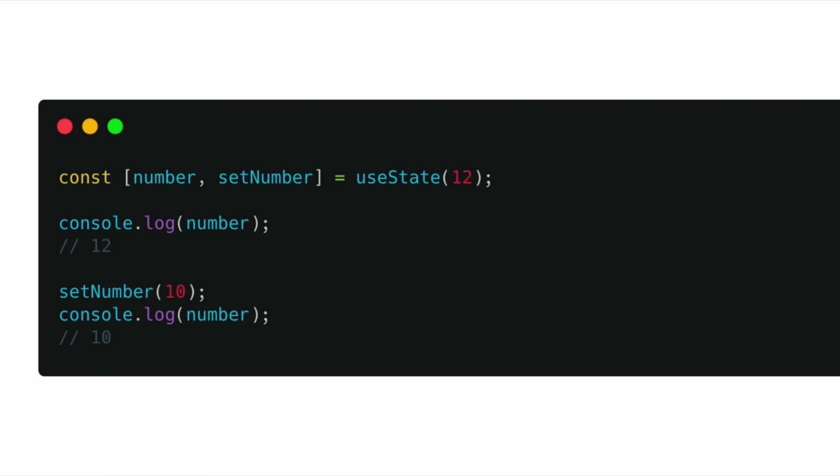But when we will use set number function, that our number will change to the number put into set number function, in our case 10. And then if we will console log the number, then we will have 10. It's pretty simple, so I hope it's really clear to you.